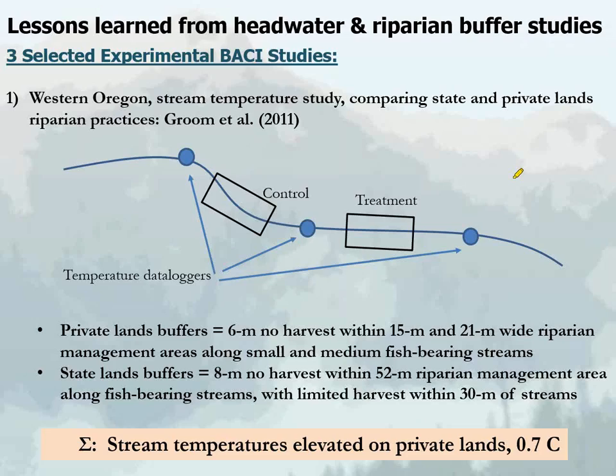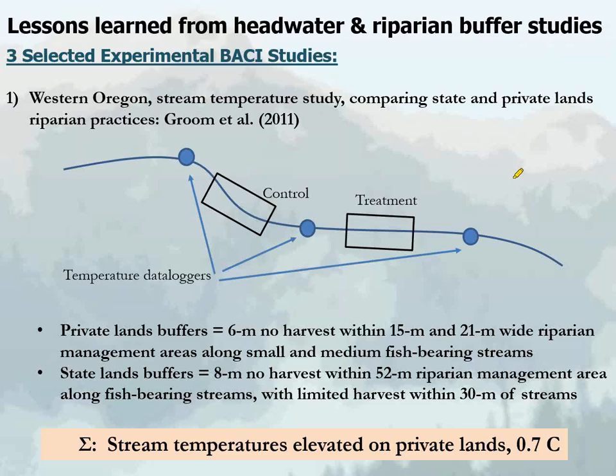along small streams. So that's what's happening at that time along private lands in Oregon. Compared that to the state lands buffers, which was an 8-meter no harvest within a 52-meter riparian management area with limited harvest within the first 30 meters of streams.